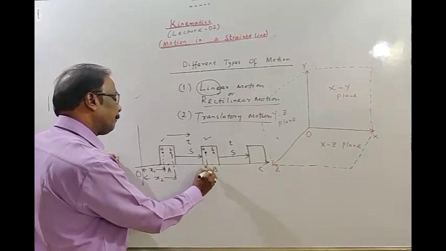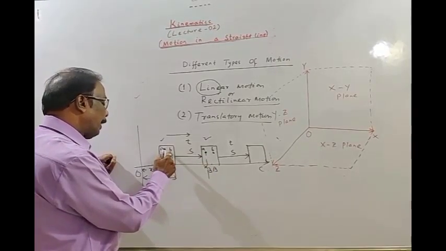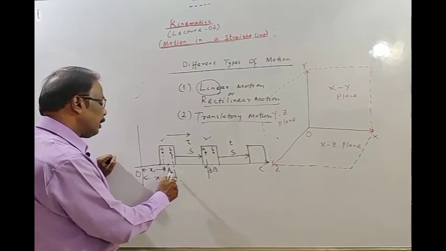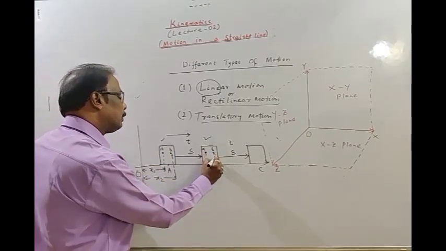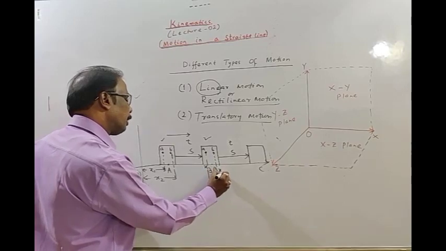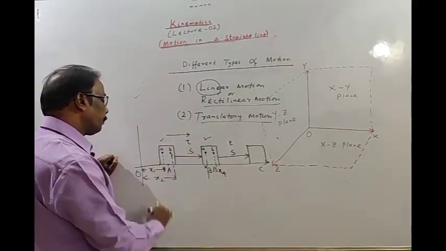Now the body is displaced from position A to position B. Particle A reaches a distance x3 from the origin, and particle B, initially at a distance x2, reaches a distance x4 from the origin.